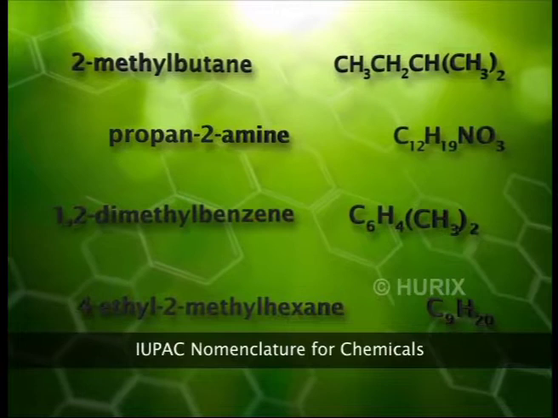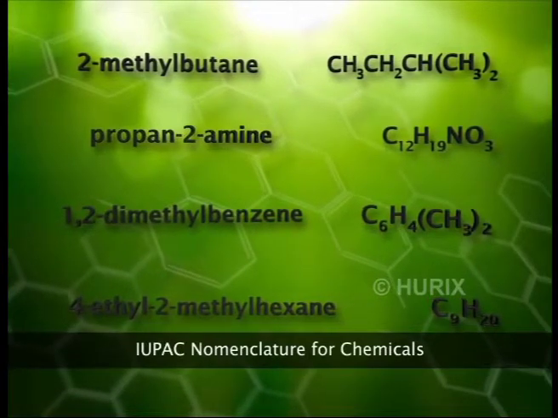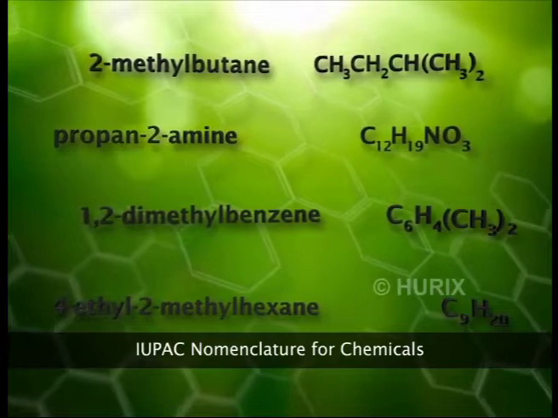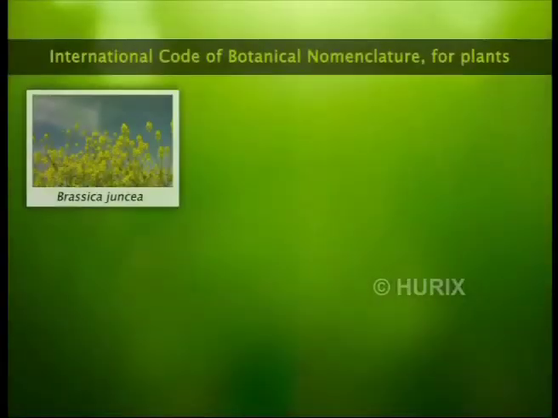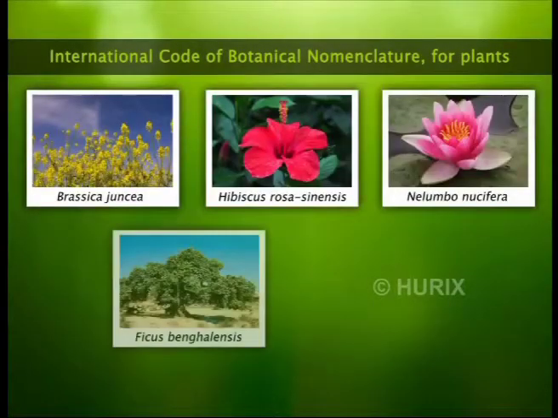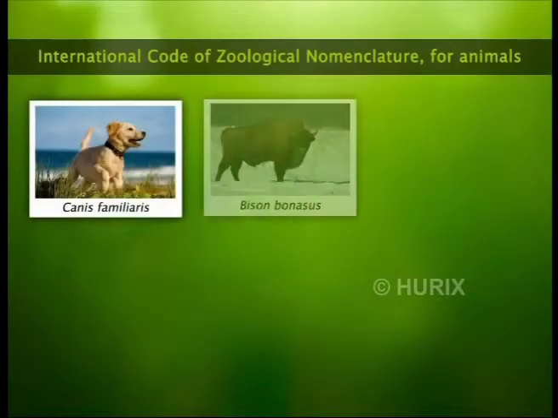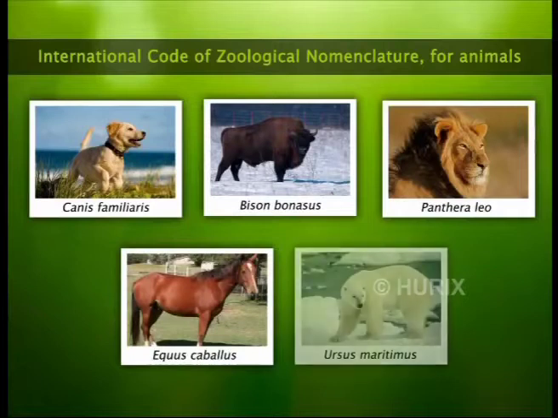We know that the chemical formulae used in chemistry follow the IUPAC nomenclature. Similarly, the International Code of Botanical Nomenclature, ICBN, deals with scientific names for plants. And the International Code of Zoological Nomenclature, ICZN, deals with scientific names for animals.